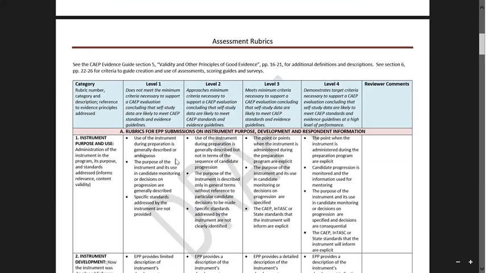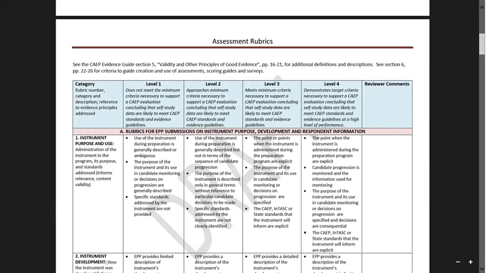So under purpose and use, not meeting the CAPE criteria would mean that the use of the instrument during preparation is just generally described or ambiguous, that its purpose and use in candidate monitoring on progression are just generally described and specific standards are addressed by the instrument, so there is no alignment being shown. And so if we were to look at the very first rubric I showed you in the PowerPoint, it would not meet.